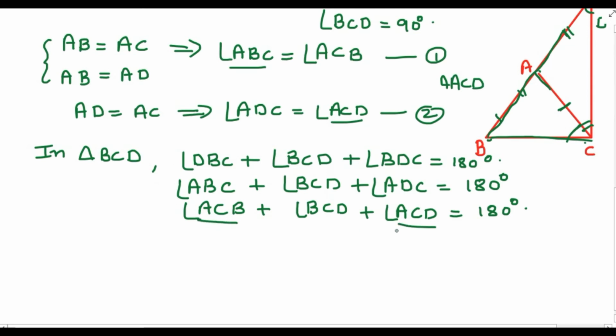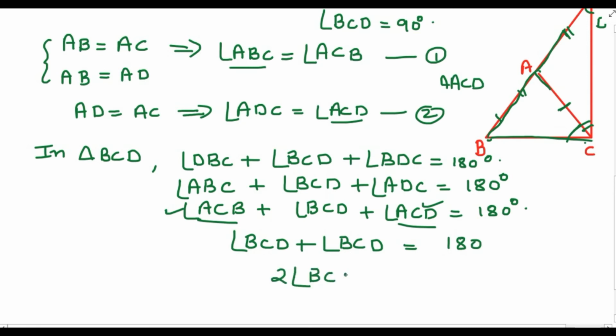If you add, we will get BCD. So BCD plus BCD, when you add these two, 2 times angle BCD is equal to 180, or BCD is equal to 180 by 2, which is 90 degrees.